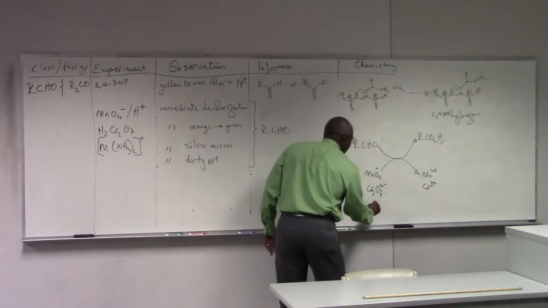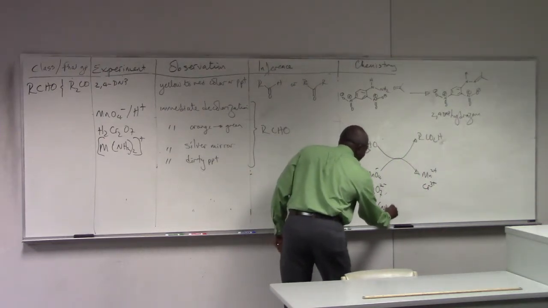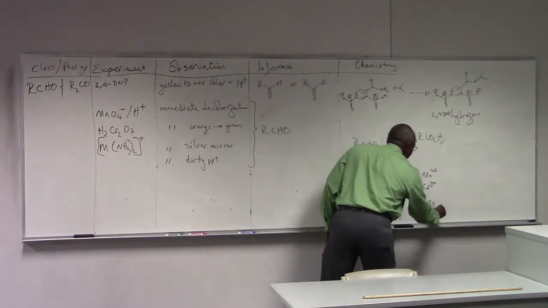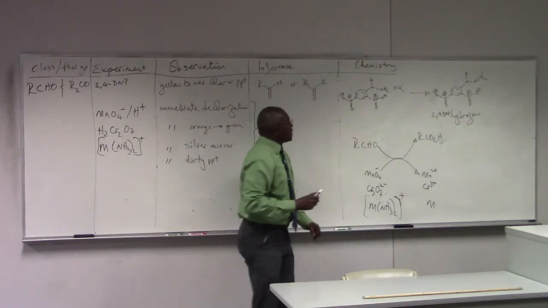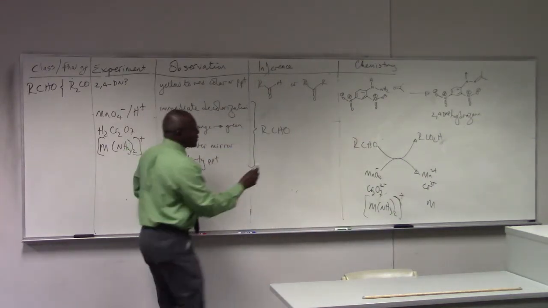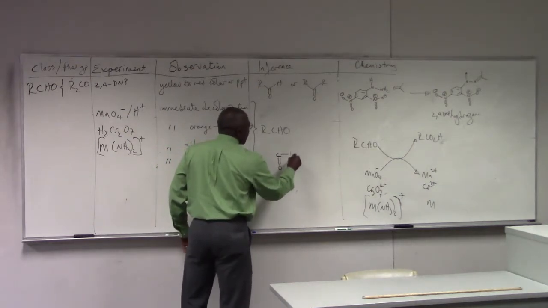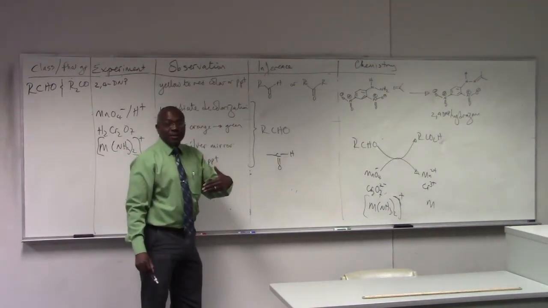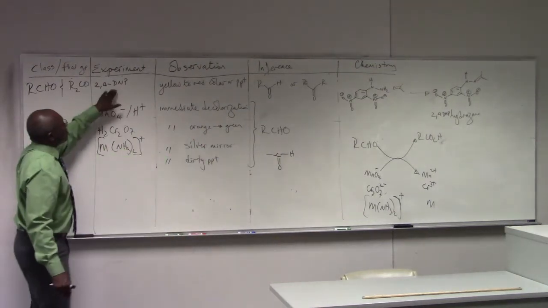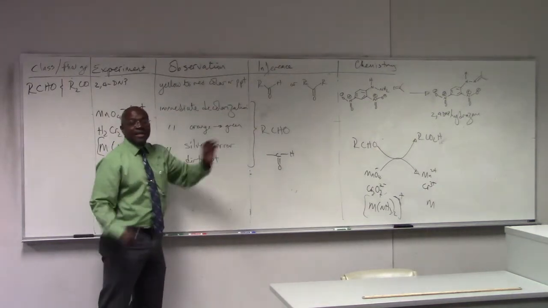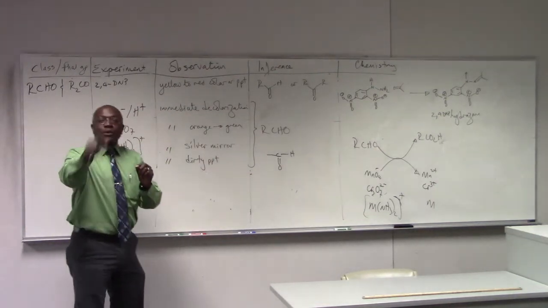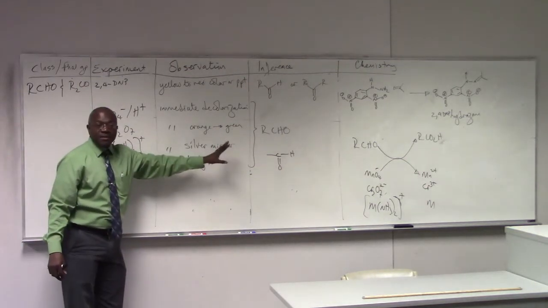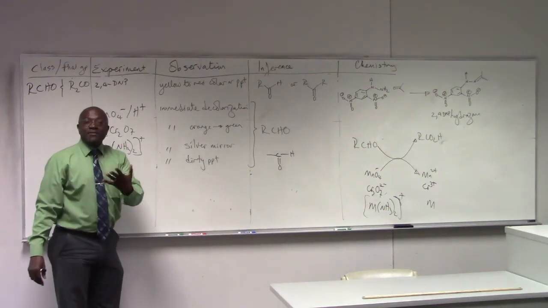If it was the metal diammine complex, that gets reduced into the metal. So aldehydes are oxidizable because they have the requisite substructure. They have a carbonyl H. Ketones are not oxidizable. So if I do a test with 2,4-DNP and I get a yellow to red color or precipitate, that tells me it's an aldehyde or ketone. So I'll do one more test. I'll test it with any one of these reagents. If I get a positive result, it's actually an aldehyde. If I get a negative result, it's a ketone.